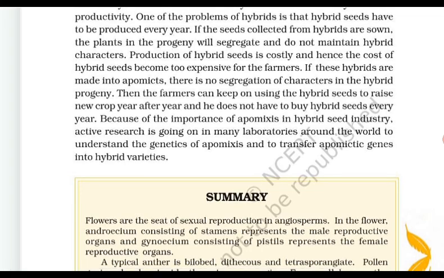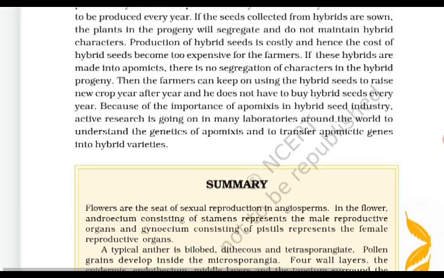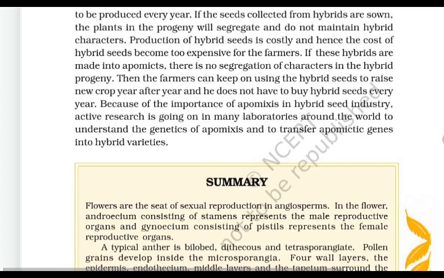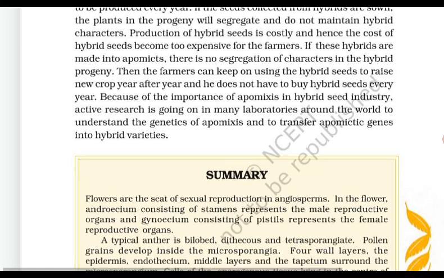What is fruit production without fertilization called? Fruit production without fertilization is called parthenocarpy. Thus, apomixis is a form of asexual reproduction that mimics sexual reproduction.